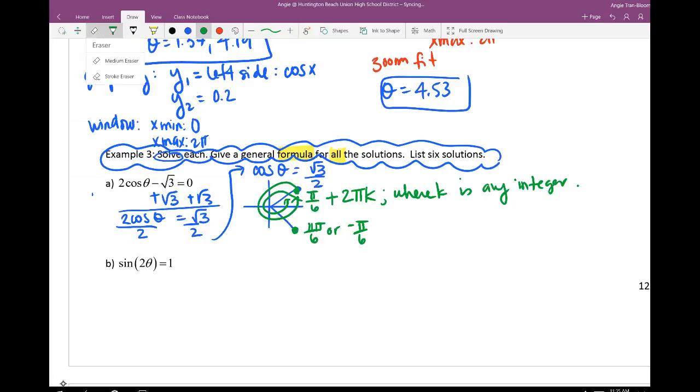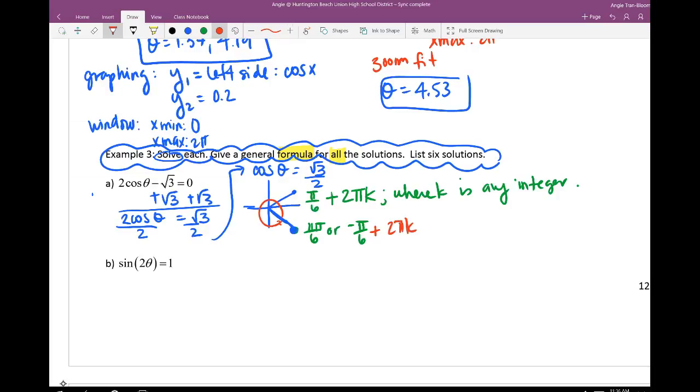Same thing with this one. How do I get back to here every time? For the purpose of demonstrating, let me erase this. You don't have to, just keep it where you have it. Well, same thing: I would add a full revolution. So whatever answer you write down here, you write 2 pi k.